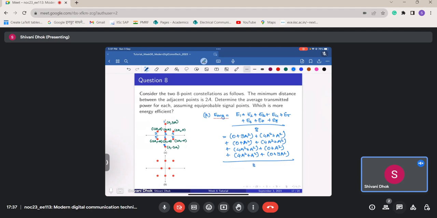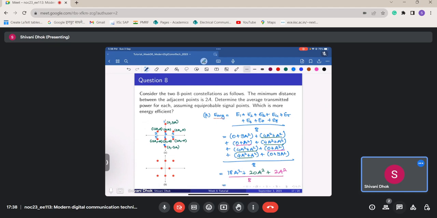And this whole thing is divided by 8, and this comes out to be: 9a square multiplied twice, so this is 18a square. Then we have 5a square, 5a square, 5a square, 5a square, so this is basically 20a square, plus we have a square plus a square, so this is 2a square, upon 8.